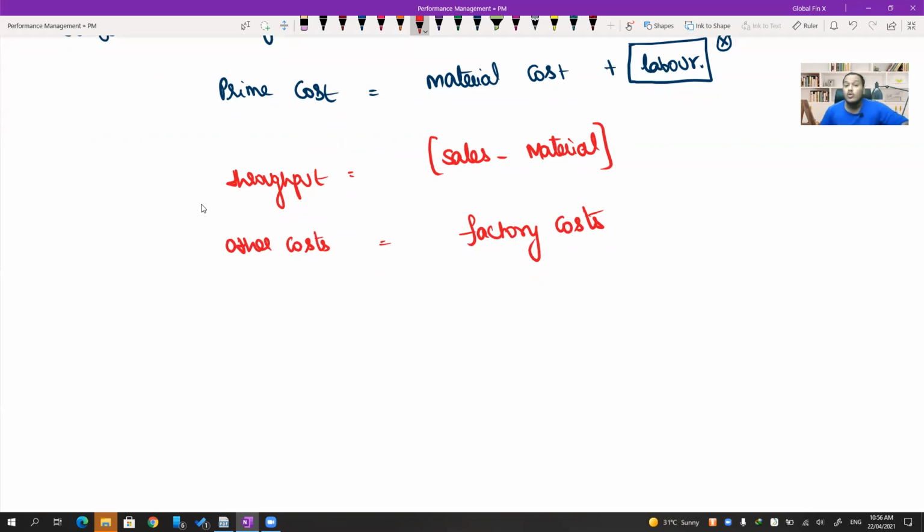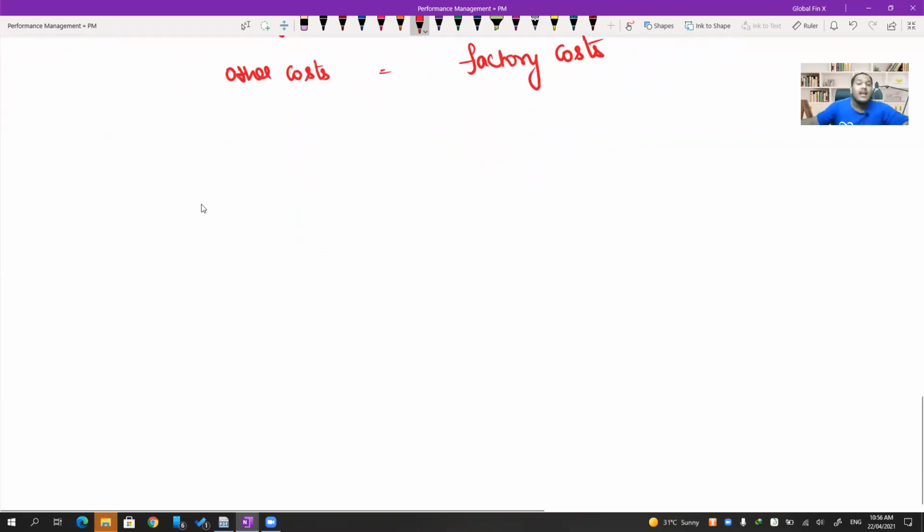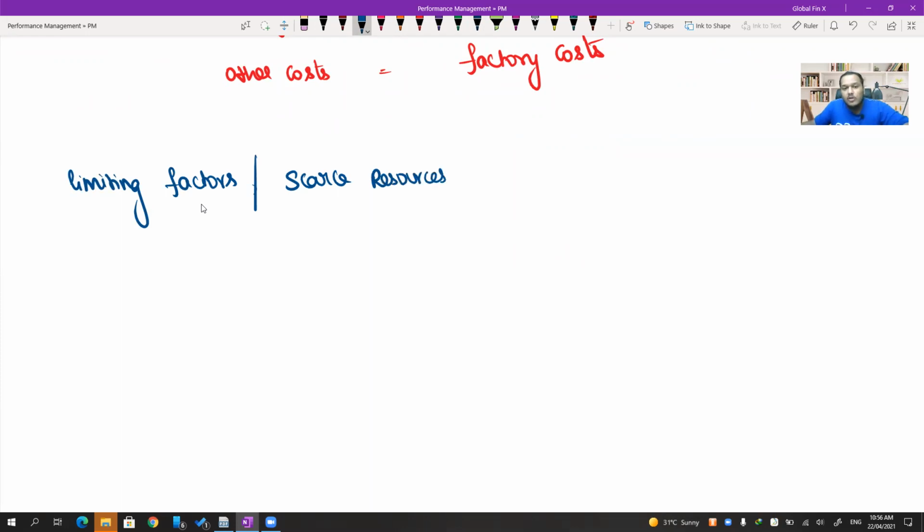Now understand that any organization will have certain limiting factors. What are limiting factors? Or else I can say scarce resources, resources which are available in a limited quantity or limited units, or we can also call them bottleneck resources.